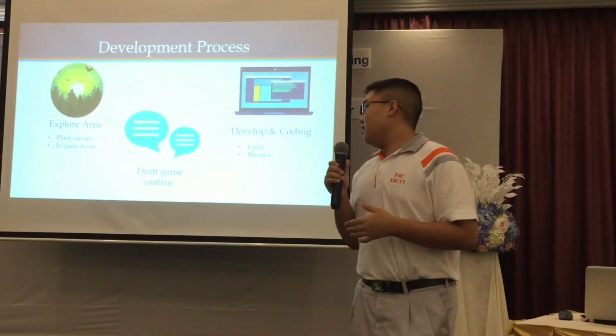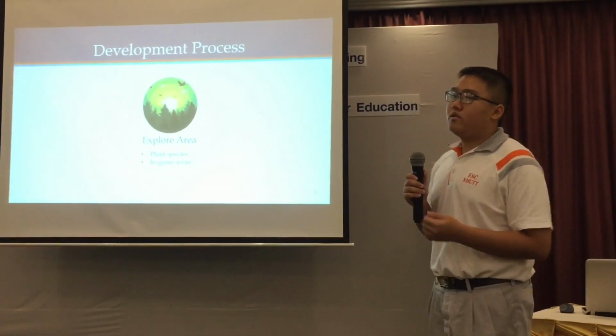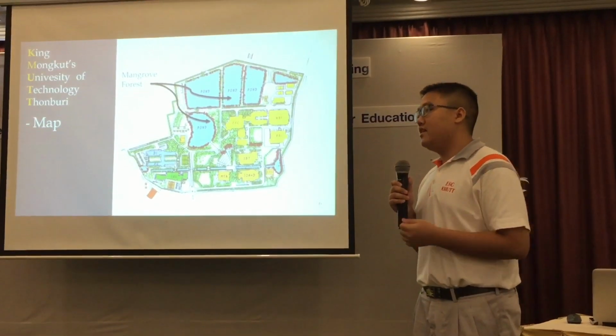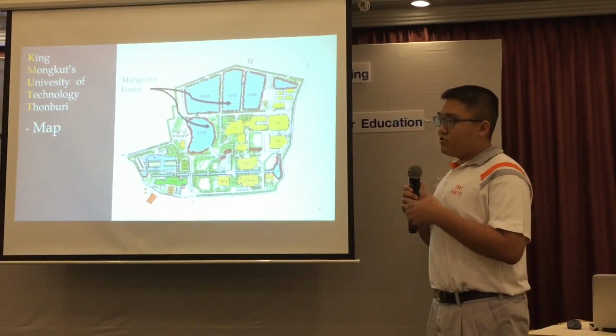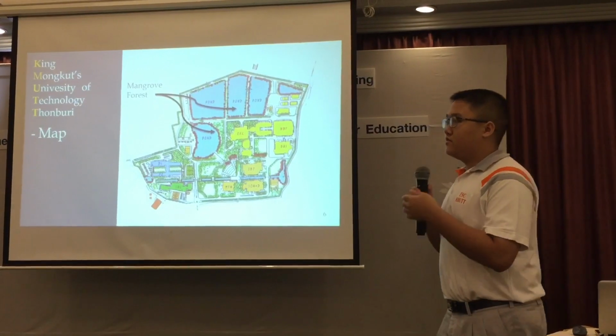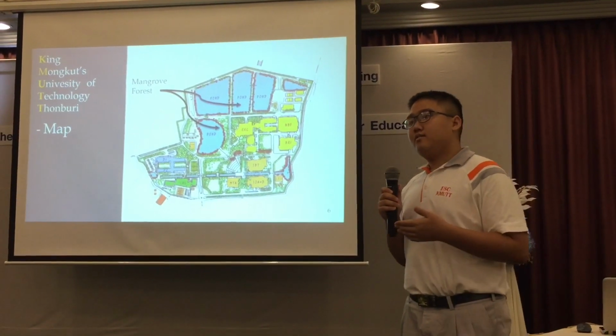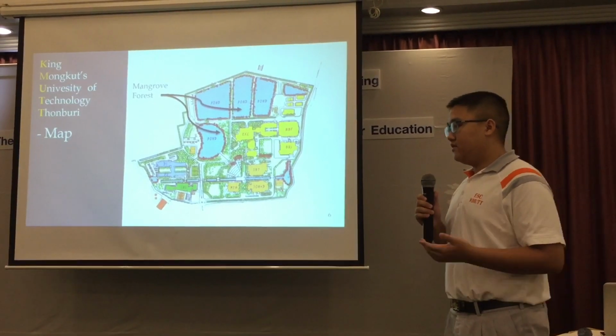Next, we will talk about how we explored the areas. Our game uses our school campus as the survey areas. The original areas are the mangrove forest area and some workable wild freshwater plants.